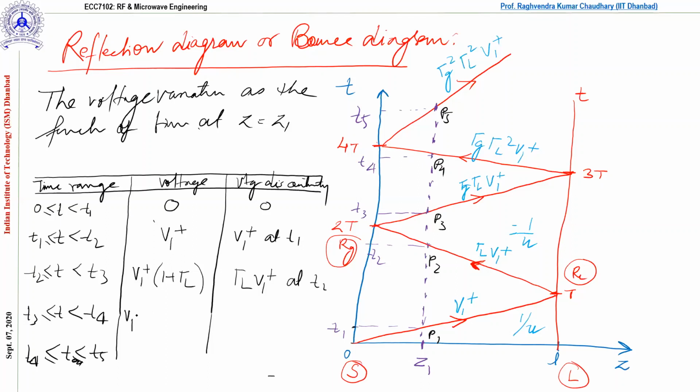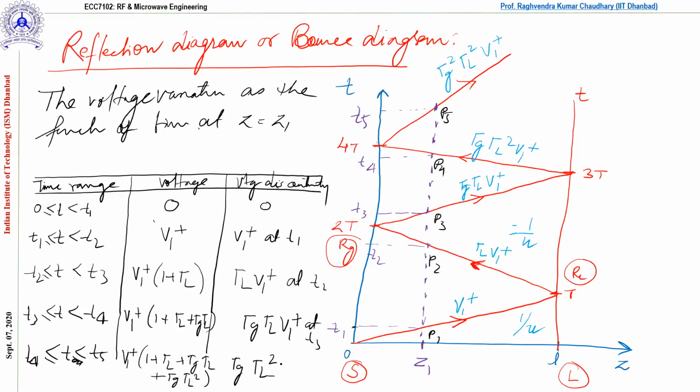It will keep going on: 1 plus gamma L plus gamma G gamma L, and this will be V1 plus times 1 plus gamma L plus gamma G gamma L plus gamma G gamma L square. Here the discontinuity will be gamma G gamma L V1 plus at t3, and here, gamma G gamma L square V1 plus at t4.